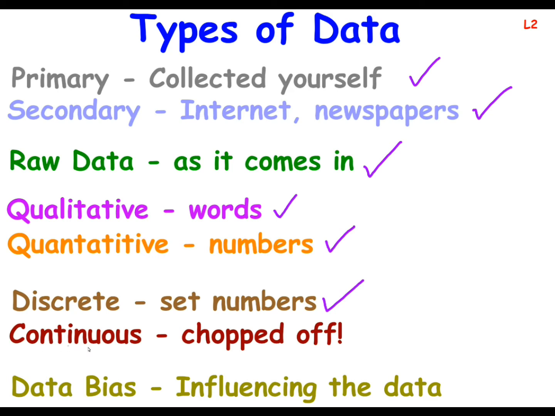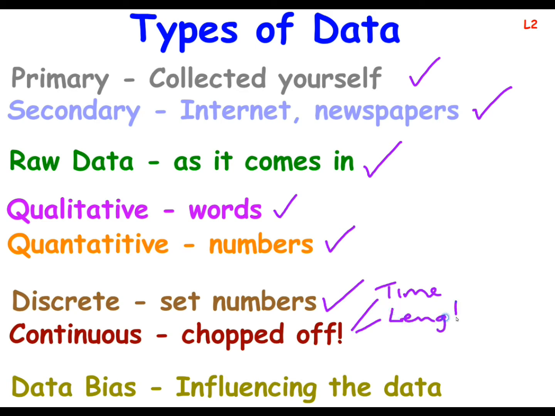As opposed to continuous data that goes on forever, and depending on what we measure it with, depends on how accurate that information is. And the 4 things to remember for continuous data are time. So we chop time up depending on how accurate our watch is.